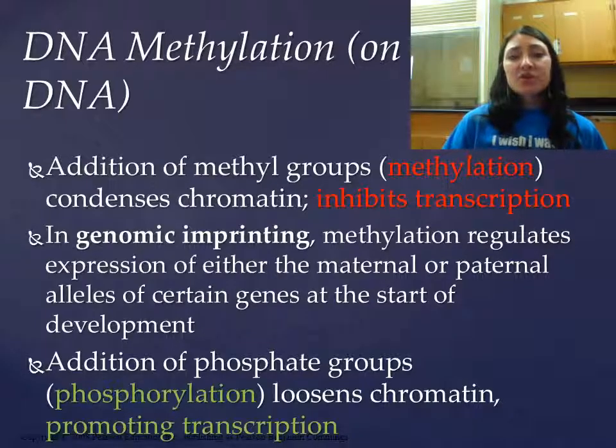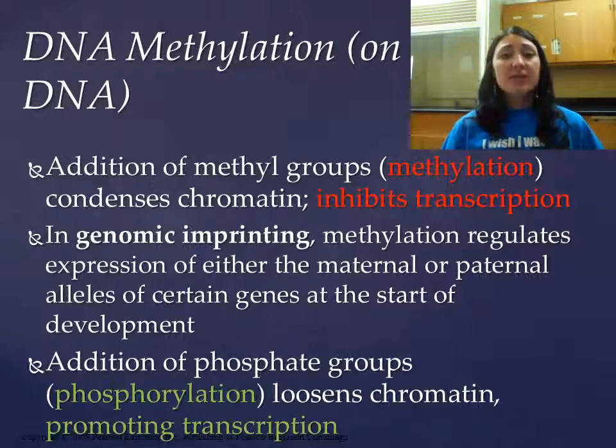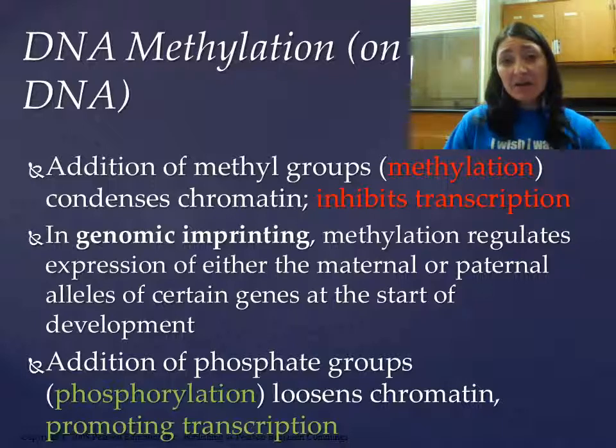DNA methylation does the opposite of acetylation. It condenses the chromatin. It causes tighter packing of the chromatin, which inhibits transcription. So you're not going to express the genes that are on this piece of DNA that's been methylated. We talked about genomic imprinting a while back, and this is how it actually functions.